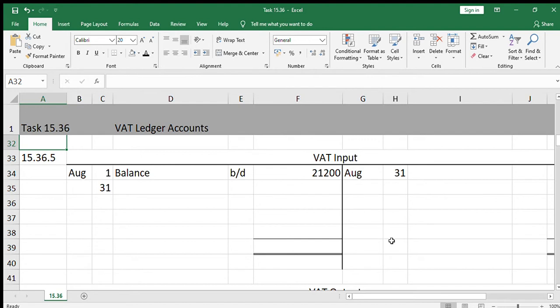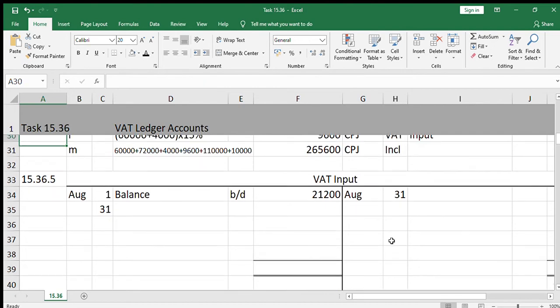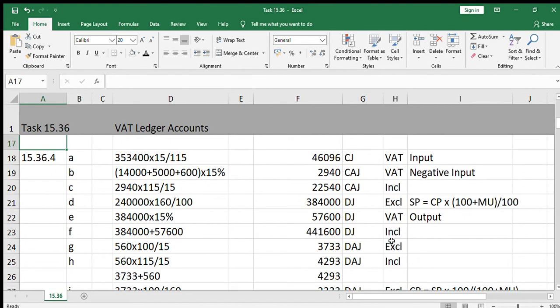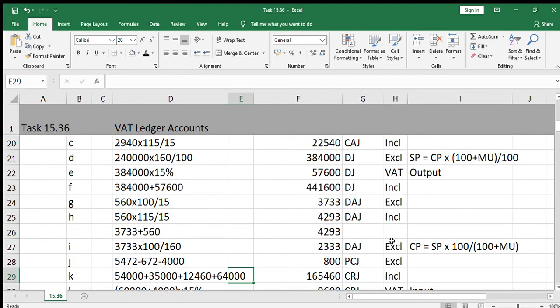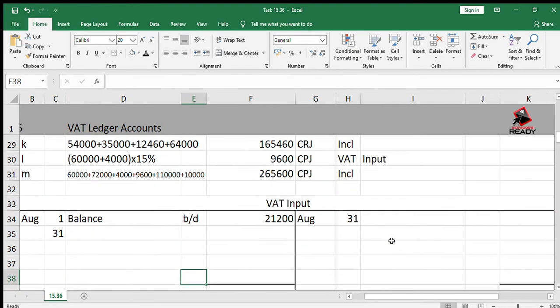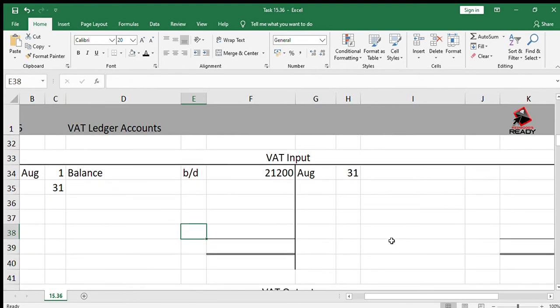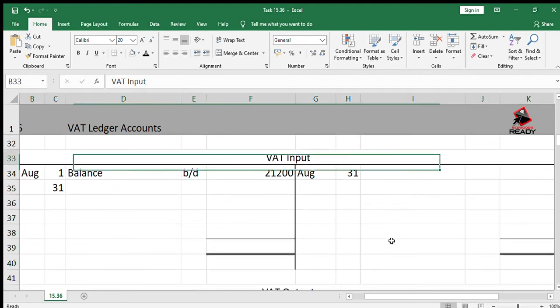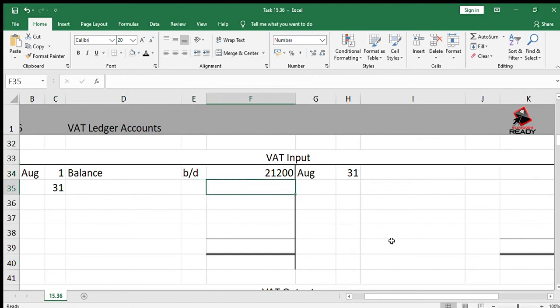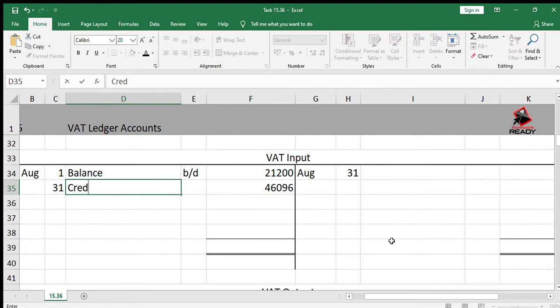So our first journal, the creditors journal, the VAT amount, so that was A's answer. Okay, I'm just going to see what A's answer was. It was 46096. I did tell you it's VAT input because this is the VAT on purchases from the creditors. 46096 is VAT input, so we're going to put it here on the debit side, 46096. Okay, your details will be creditors control because this is from the CJ.